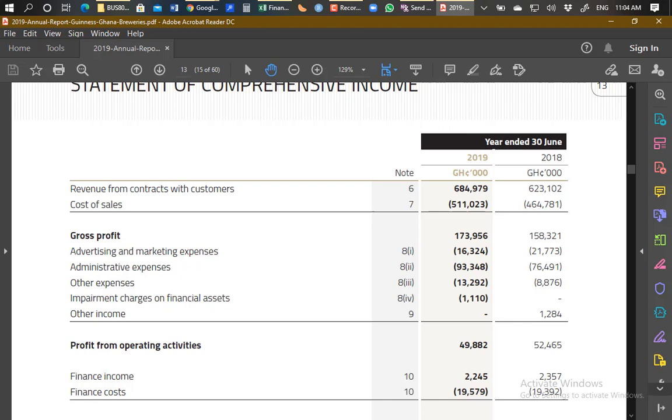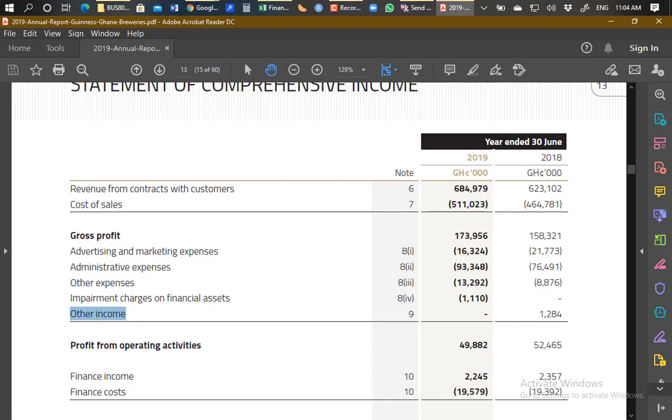Thank you very much. So the way they have put the other income here is not too friendly for presentation purposes. They should have summarized all the other costs and provided the total, then possibly subtract it from the gross profit and get another level of profit before they add the other income.